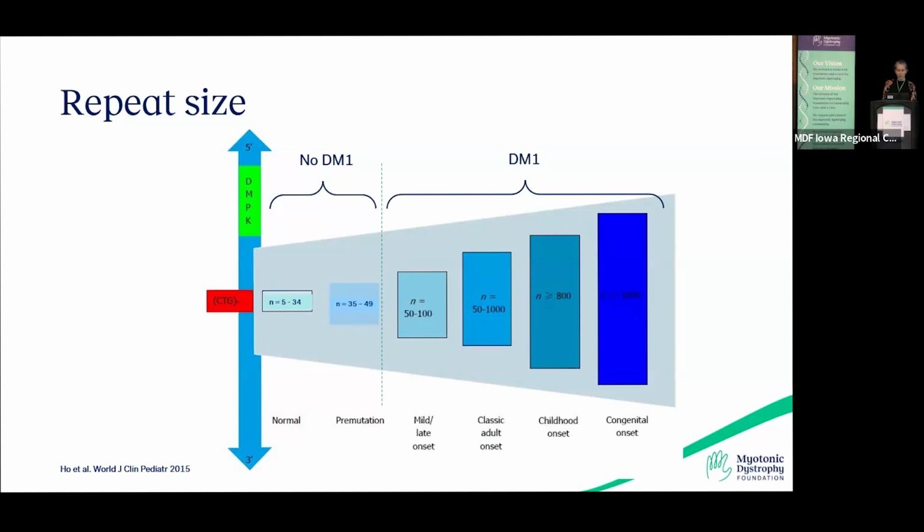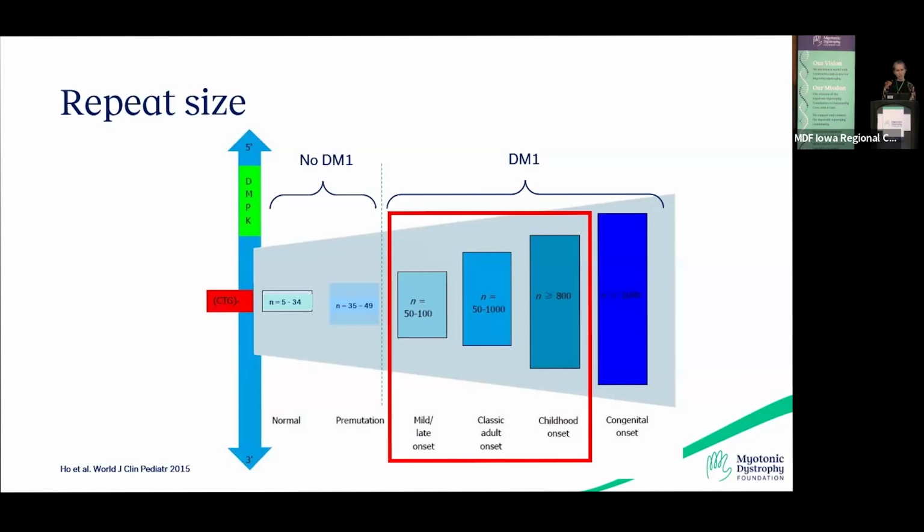And then in the middle, we have classic adult onset and then childhood onset. One thing to take note of is there is some overlap in these repeats. So that probably doesn't explain the whole story because some people with mild disease may have a similar number of repeats as people who've had more severe disease and an earlier age of onset.